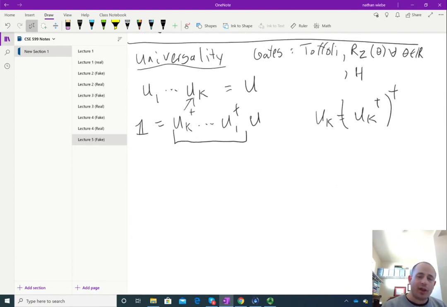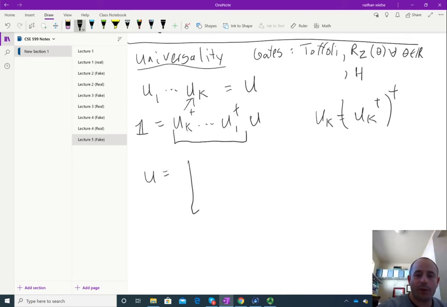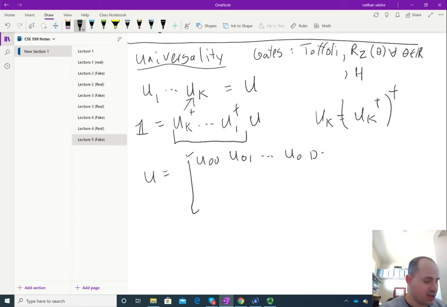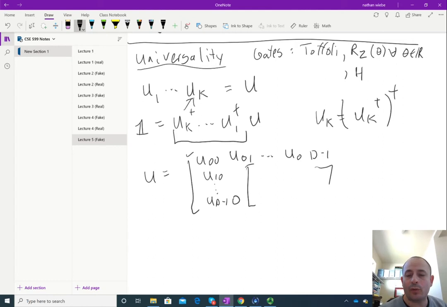So, in order to understand this, let's look at a more modest task. Let's envision that U is of the form U00, U01, all the way down to U0,D-1 over here, and then we have U10, all the way down to U(D-1),0. I'm going to write this in block form, assuming that this is a block matrix.